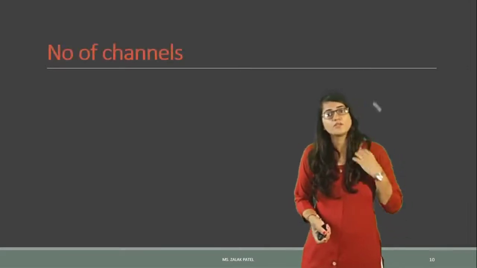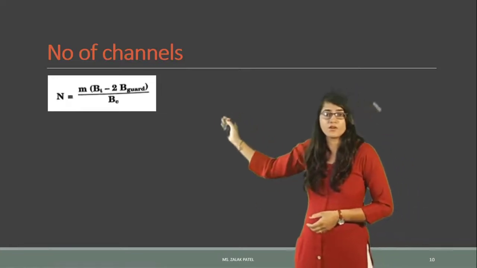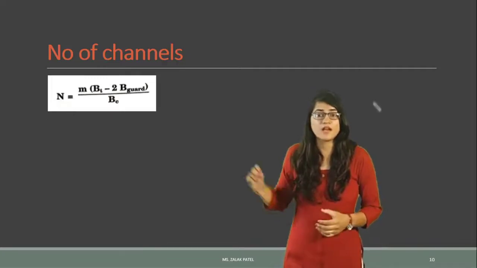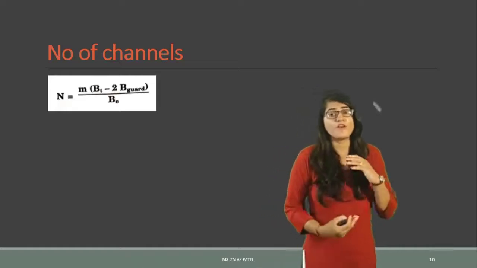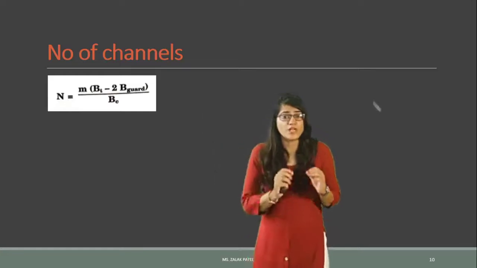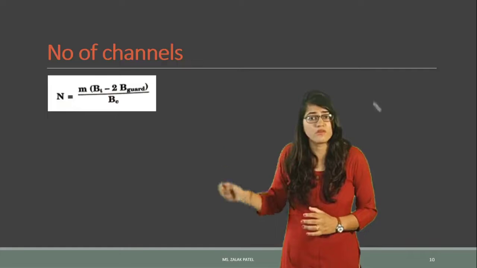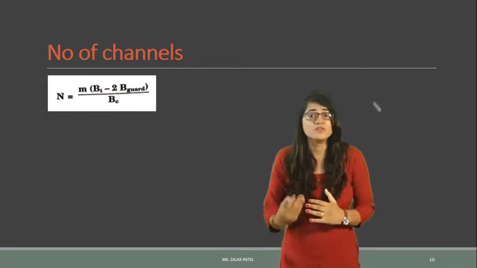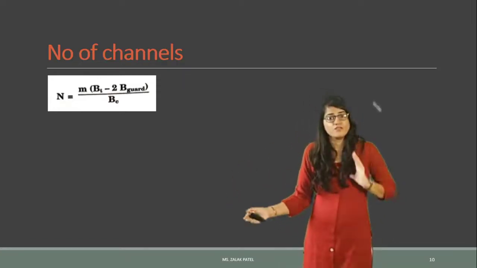Now let's talk about the number of channels in the case of TDMA. The equation for the number of channels is M into (BT minus 2 times B guard) divided by BC. The difference between the formula of FDMA and TDMA is this M. Instead of only (BT minus 2 times guard band) divided by BC, we use the number of users, because in the case of TDMA, many users can use the same channel instead of each individual user using an individual channel.